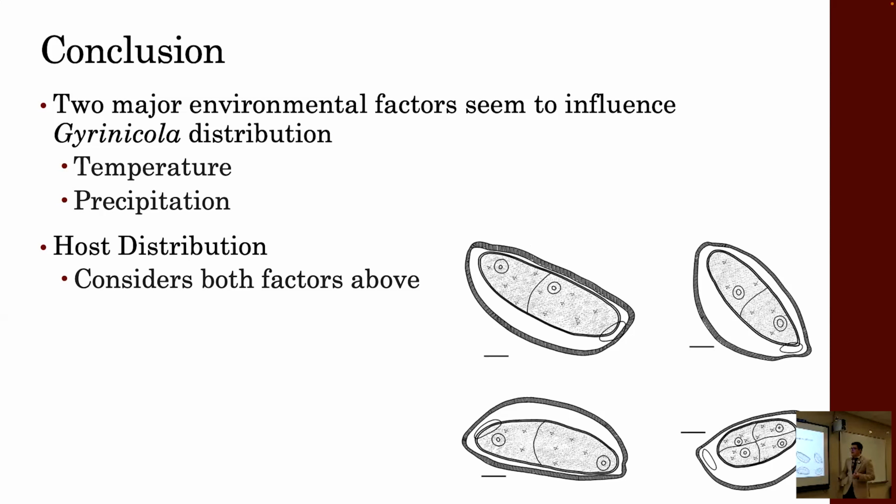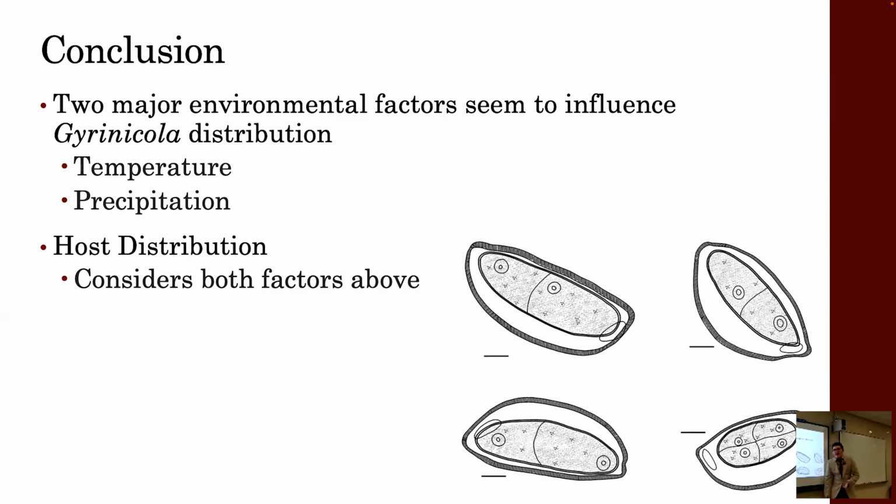I'm not as confident in that because these thick-shelled eggs in other species have been shown to be very, very resilient. Some species of mouse-infecting pinworms have been shown to alter the lipid structure of their egg layers in order to reduce water loss as precipitation goes down. And they've also been shown to be very resilient to temperatures and to withstand 2 months outside of a host and still be viable eggs.